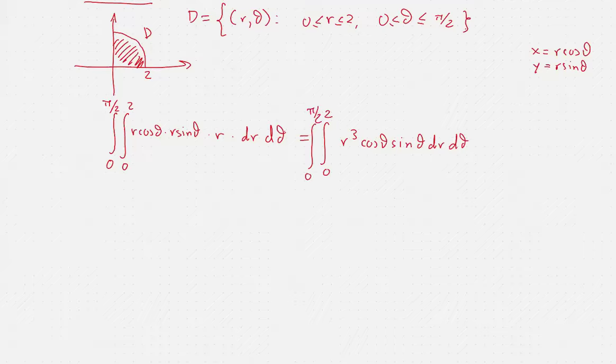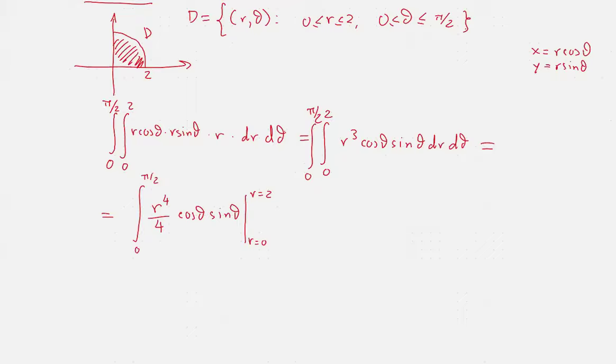This will give me r to the 4 over 4 cosine theta sine theta, and here I will go from r equals 0 to r equals 2. Integral from 0 to pi over 2 d theta.